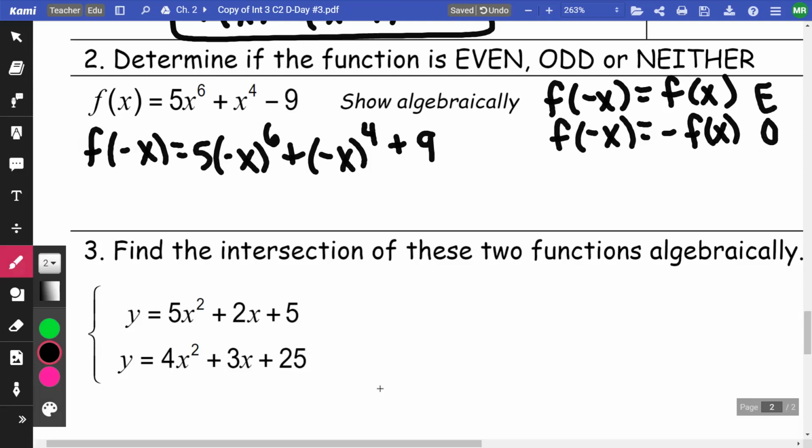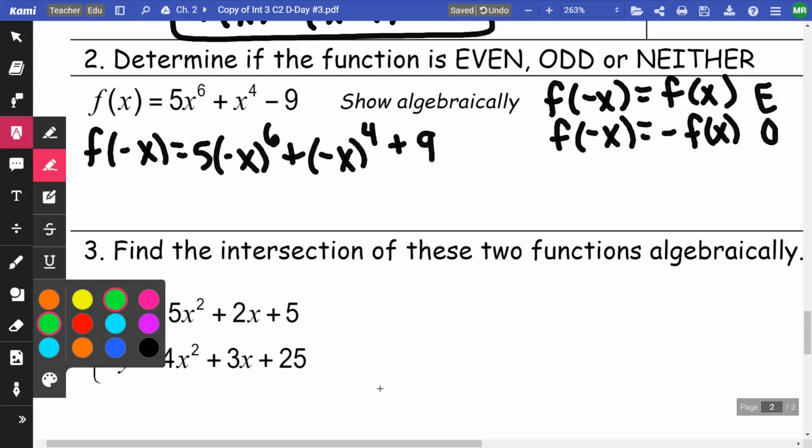What you want to pay attention to is that when you take a negative number to an even power, you get a positive, because a negative times a negative is a positive. If you take a negative number to an odd power, you get a negative.